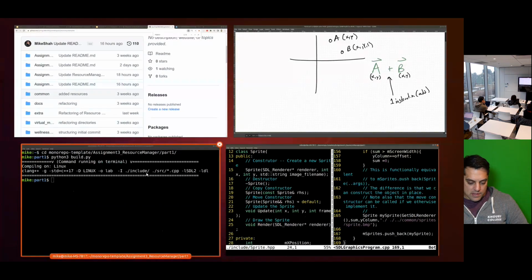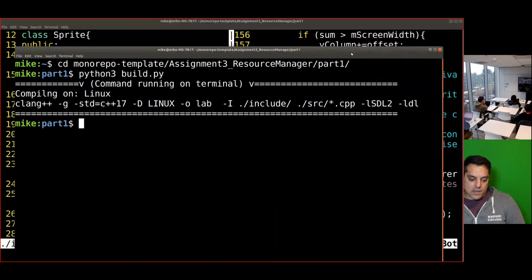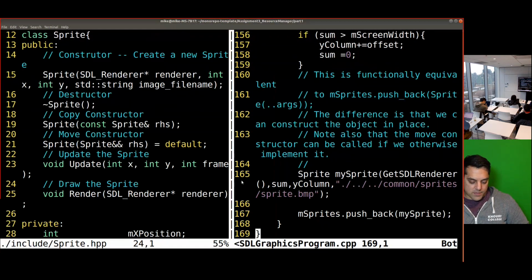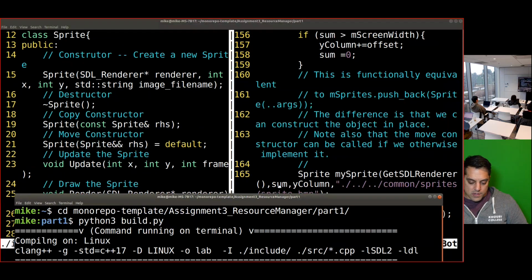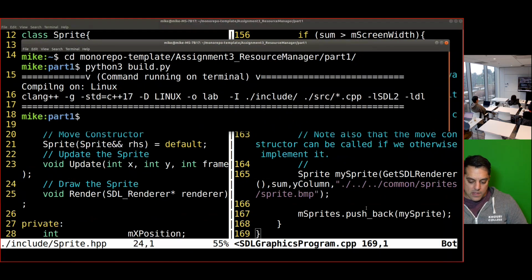Let me just try to formulate the question here. Can this move constructor be used so that when we push back, since there's still no memory, at the end of the day we do have to copy the current contents of whatever is in the vector.